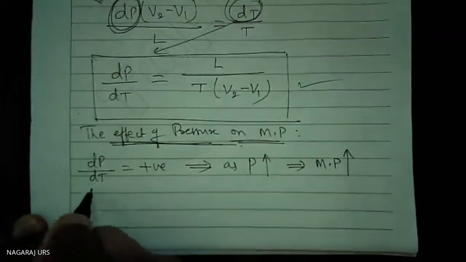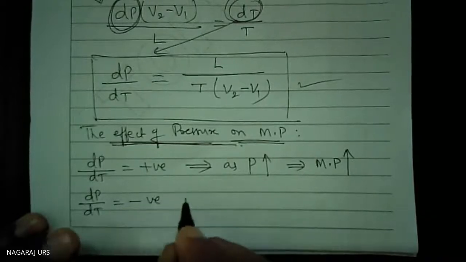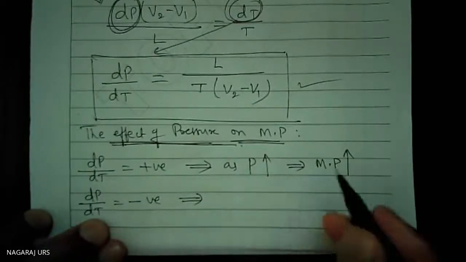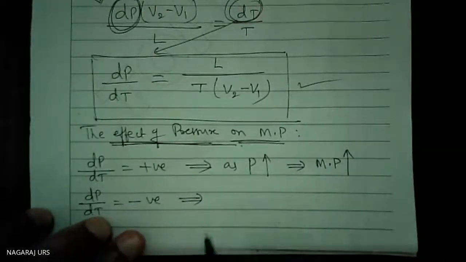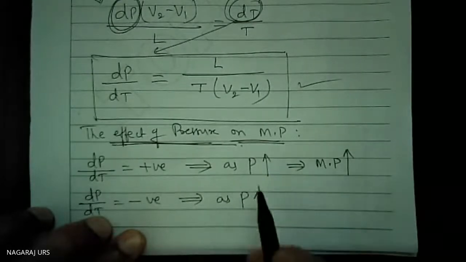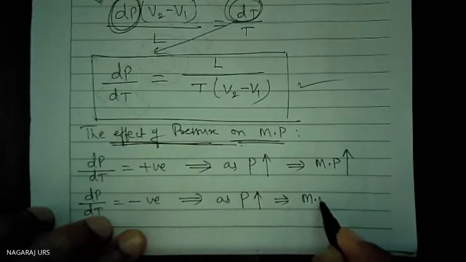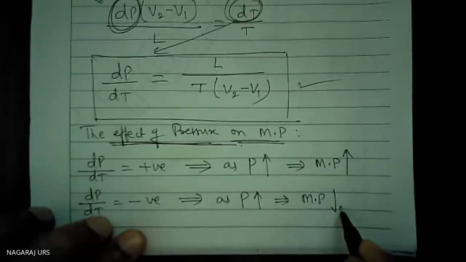If dp divided by dt is a negative quantity, remember this idea, then these two are inversely proportional to each other. As pressure increases, the melting point goes on decreasing.